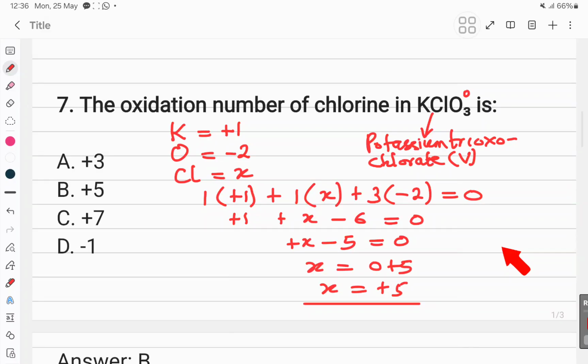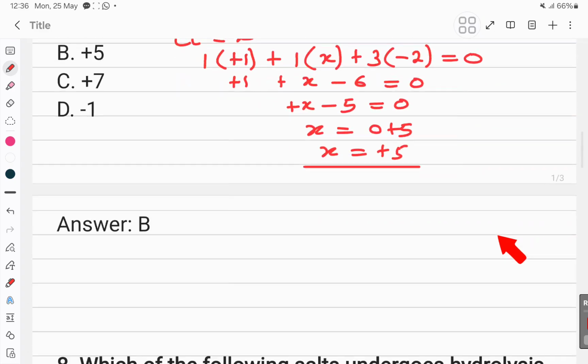When you are talking about oxidation number, you must put the charge. Don't just write 5. You have to put the sign, either plus or minus, positive or negative. Oxidation number is mostly positive or negative for elements in the compound state. So that is why this is called potassium trioxochlorate(V). So this is how to solve for the oxidation number of chlorine in that compound.